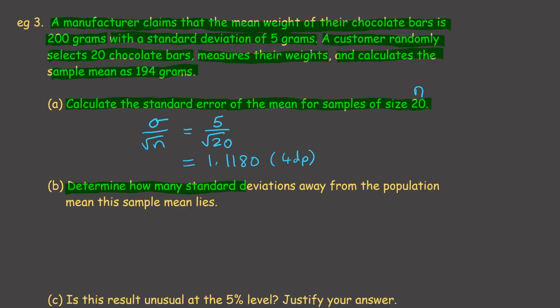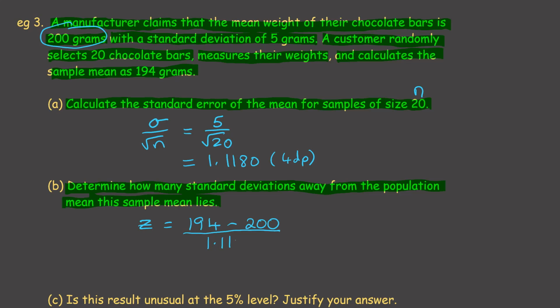Determine how many standard deviations away from the population mean this sample mean lies. Now we could do that if we like via a z-score. So our z-score would be our value, take away the population mean that we were given up here, divided by the standard deviation.